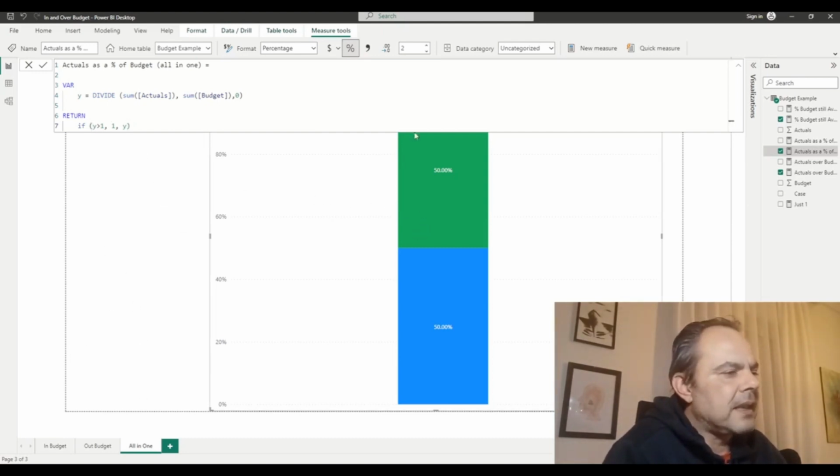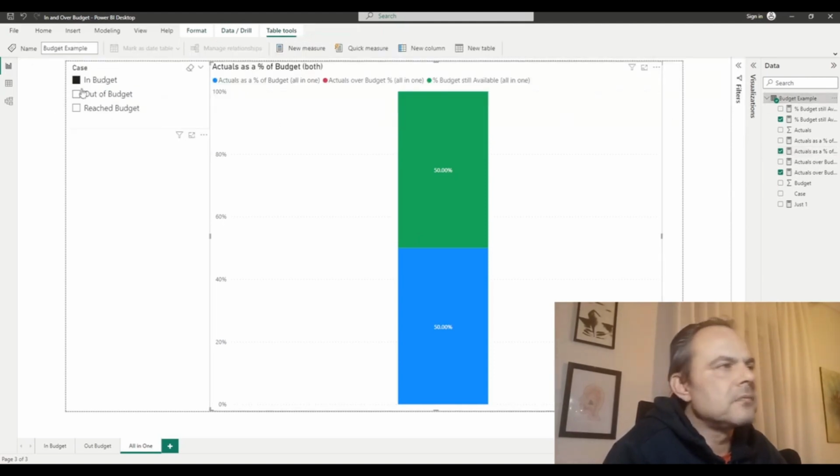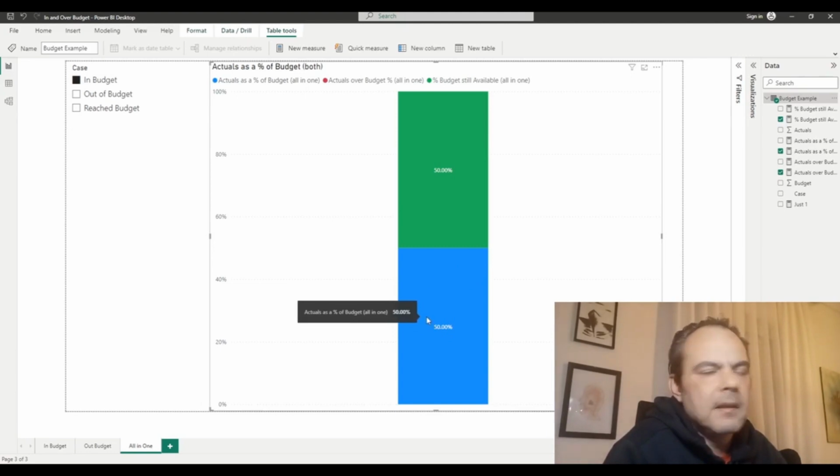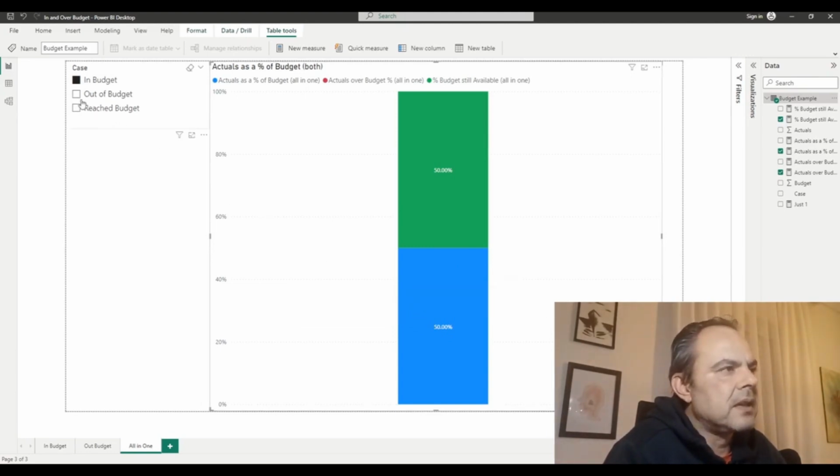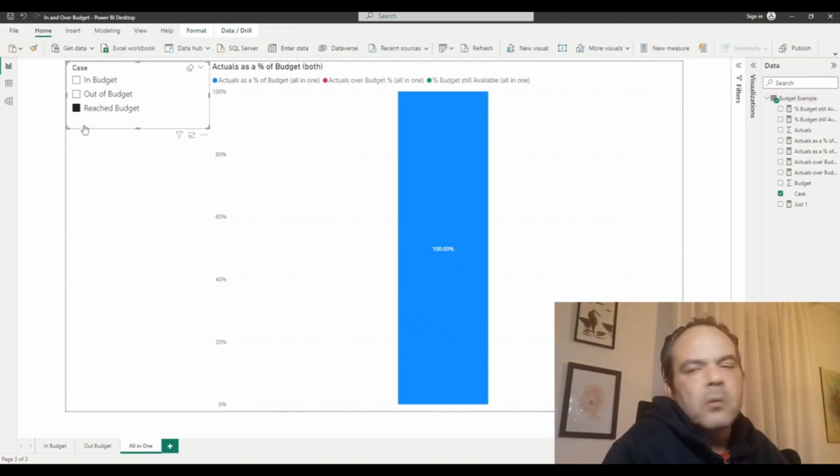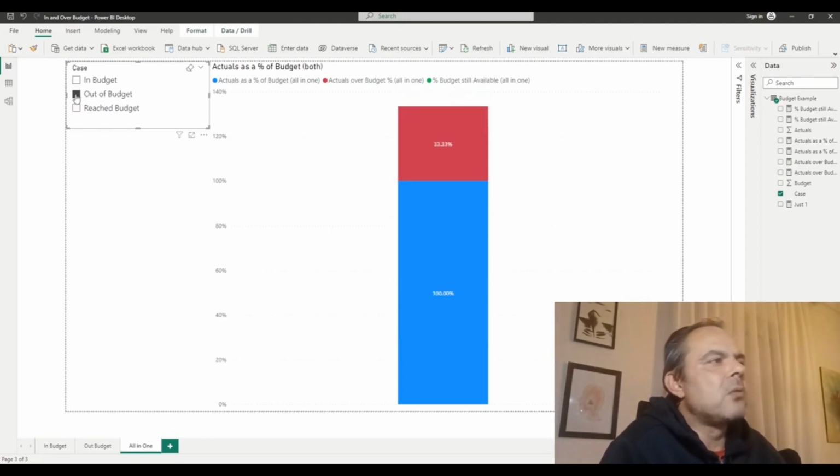So when we are in budget, we have the result of the division. Also, when we are exactly at budget, that's a trivial case. It's always going to result in 100%, because the numerator and the denominator are equal. But when we go out of budget, this stops at 100%.